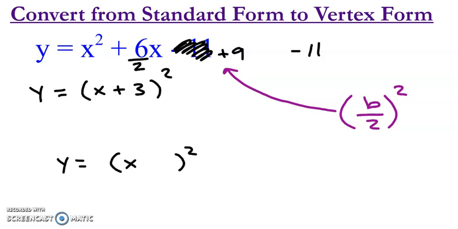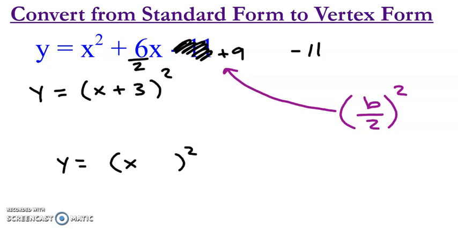But in order for that to happen, I need to have plus 9 as part of my trinomial at the beginning. Well, I can't just take an equation and add 9. That's going to give me an entirely different equation. So I need to balance that out.